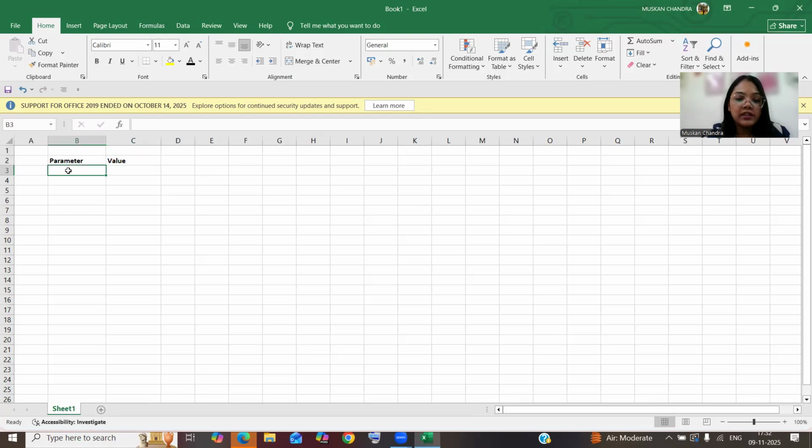After entering the parameter, first we'll have the loan amount, which we are taking as 5 lakhs.